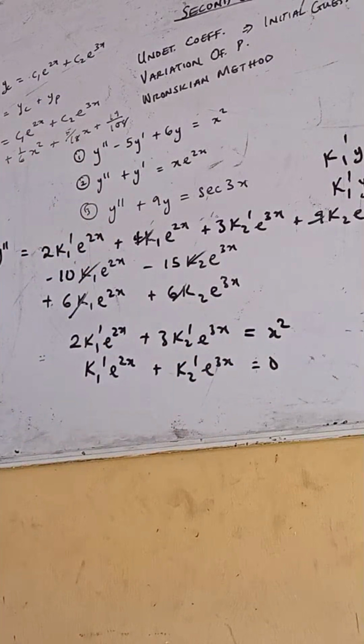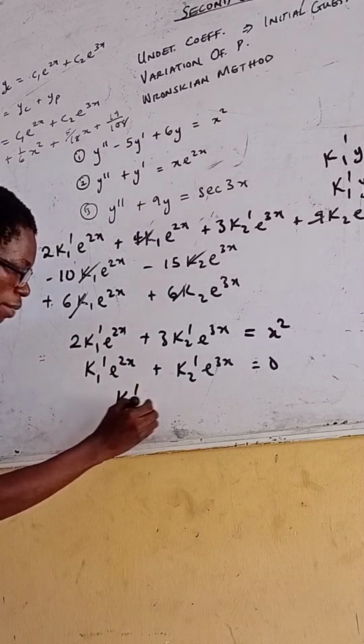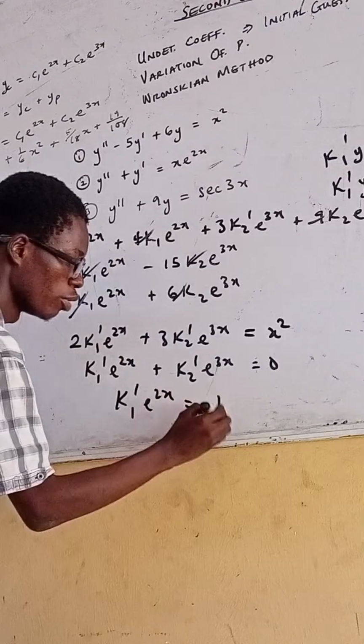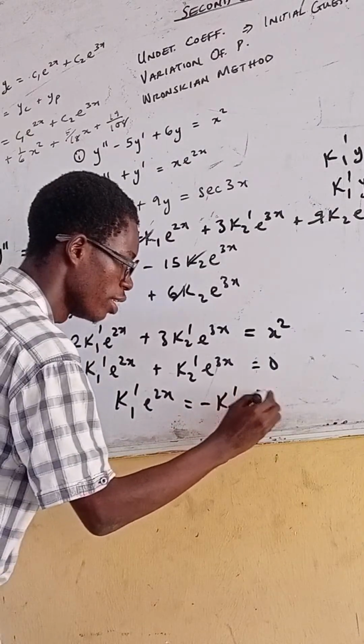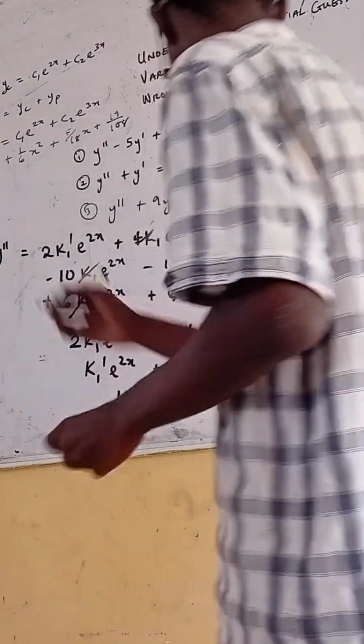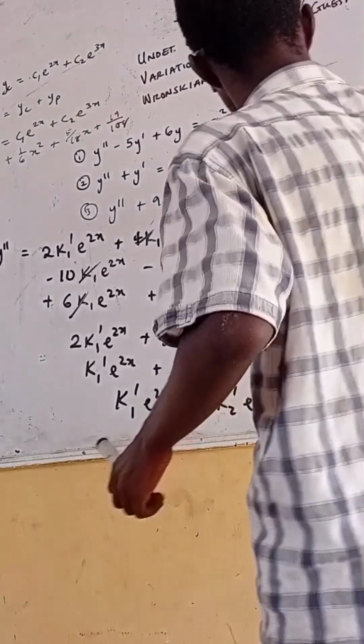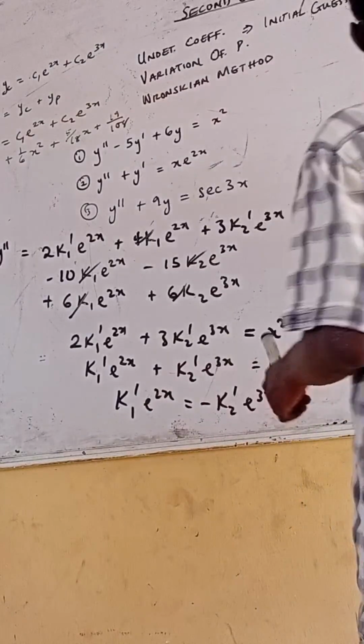So we can now solve this together. So we are now going to solve this together and say k1 prime e raised to power 2x equals minus k2 prime e raised to power 3x. Abi? Let me just put it inside straight away. This method is too long. It's not confusing when you are doing sine, cosine.